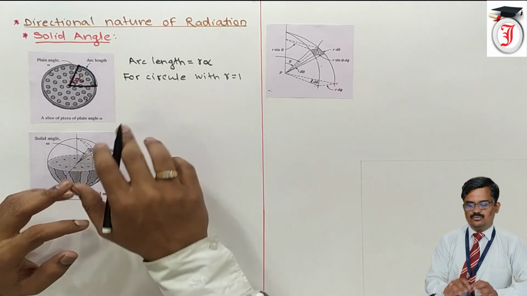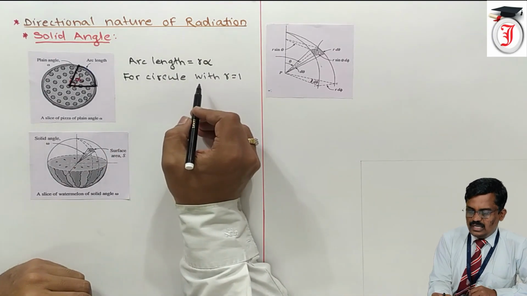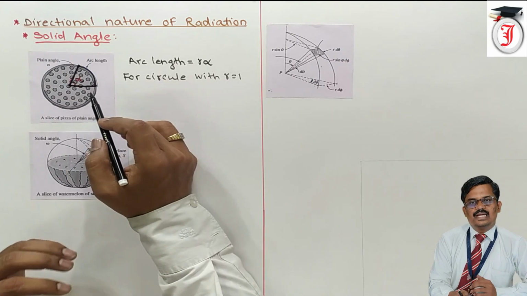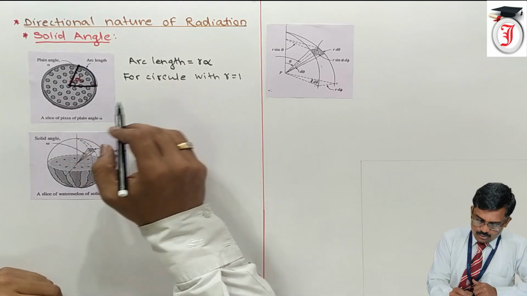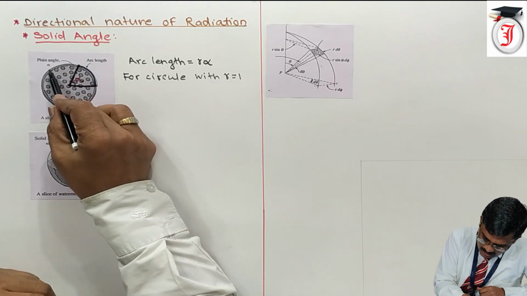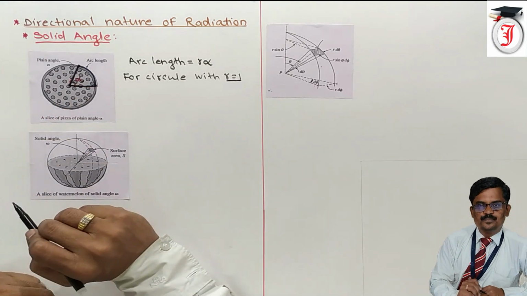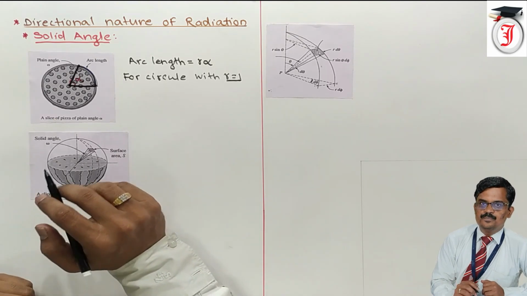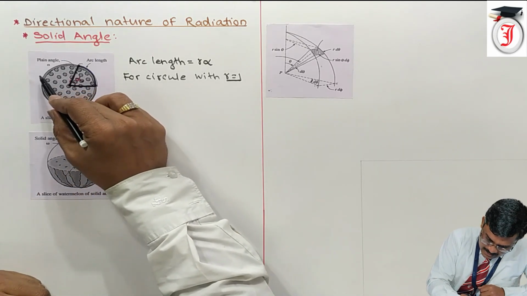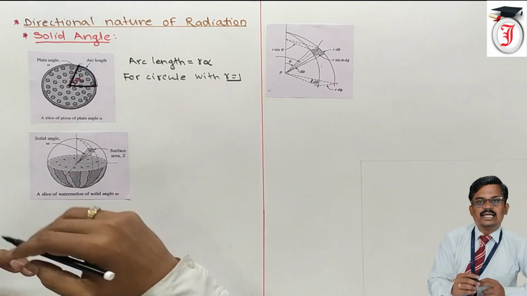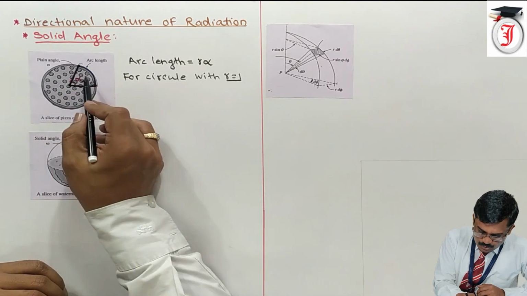So let us consider this is a circle with radius equal to 1. For radius 1, the arc length is this arc length.